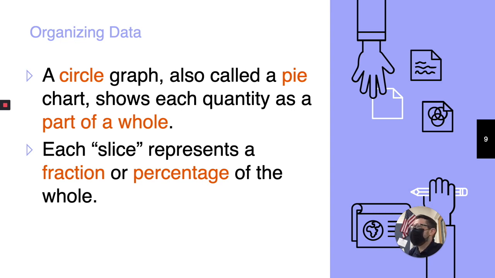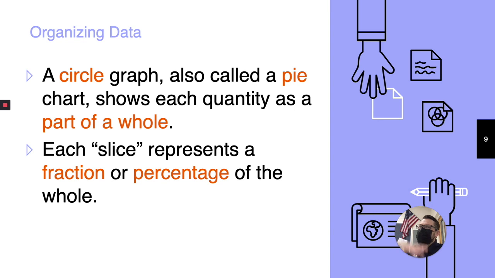We call it a pie chart because we can use the slices of the pie to represent a fraction of that whole pie, or a percentage of that whole pie. So if we can interpret a number as a percent of something, then you can represent that in a circle graph.